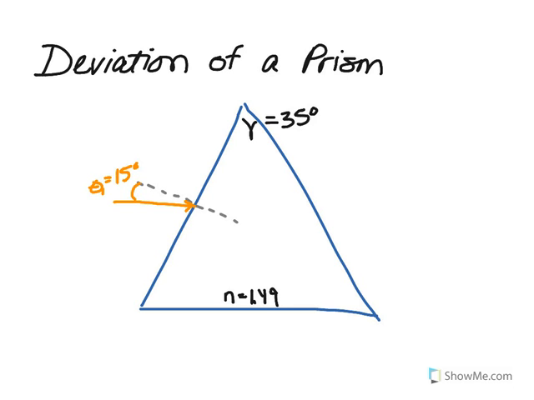So if we have the formula, delta is equal to theta 1 plus theta 2 prime minus the apical angle gamma. So we have theta 1, but we still need to find theta 2 prime. And we can start by using Snell's law for the first interface.